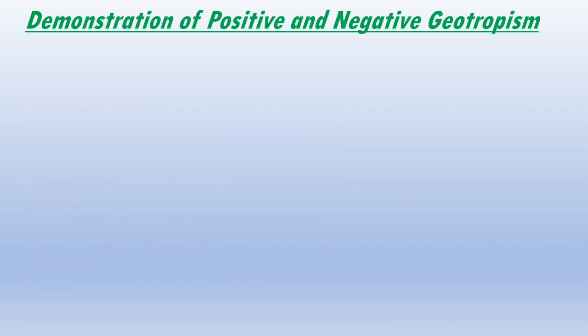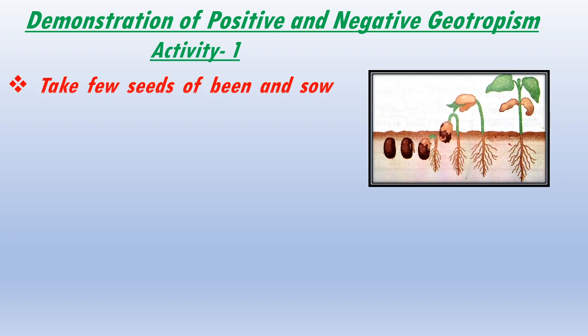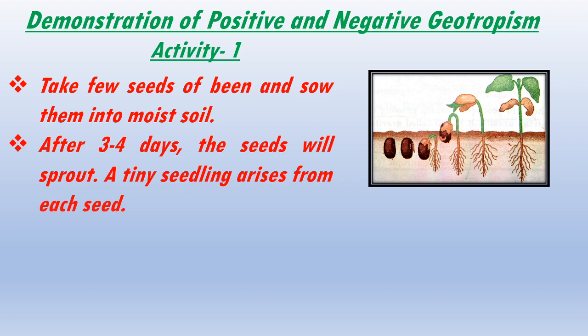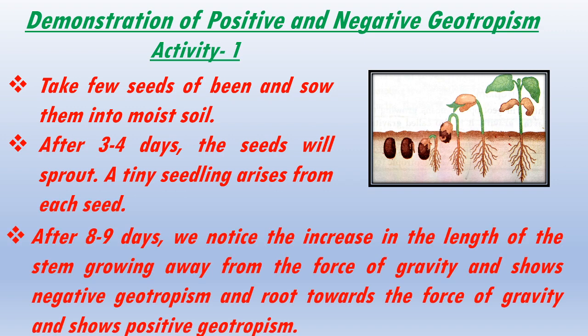Now we can demonstrate positive and negative geotropism by two activities. In activity 1, take a few seeds of bean and sow them in moist soil. After 3 or 4 days, the seeds will sprout. A tiny seedling arises from each seed.